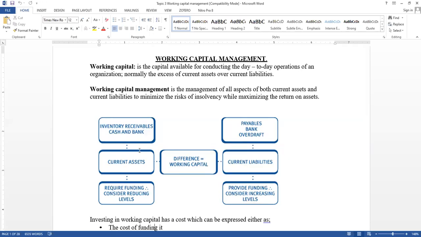And maybe you also take advantage of the trade credit that your suppliers give you, because that is one free source of finance, actually, which is interest free.